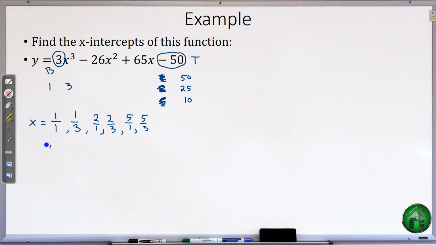And then 50 over 1 or 50 over 3. 25 over 1, 25 over 3. And our last, 10 over 1 or 10 over 3. That gets rid of that one.